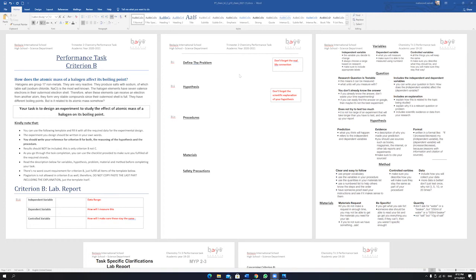So you basically search for how halogens are used in real life, or a use for halogen in real life, and you say how it will benefit us if we knew the boiling point of the halogen. For example, Mr. Amr gave an example in the class.